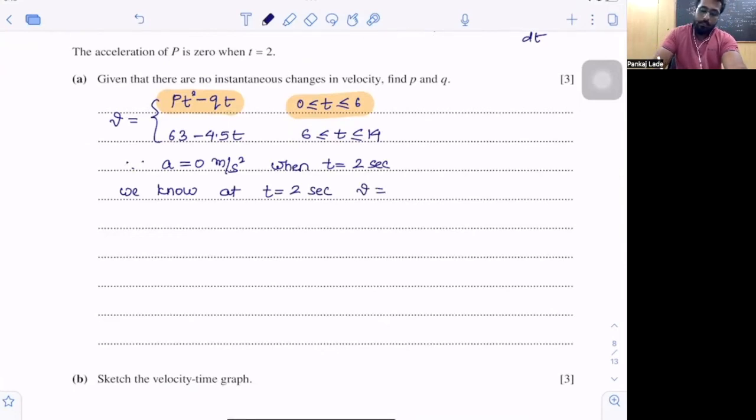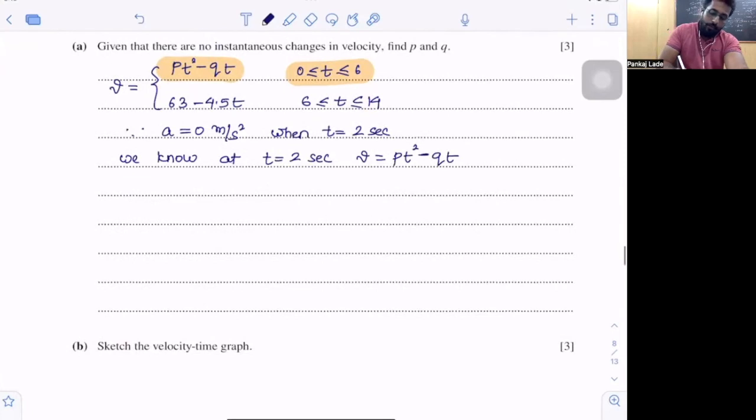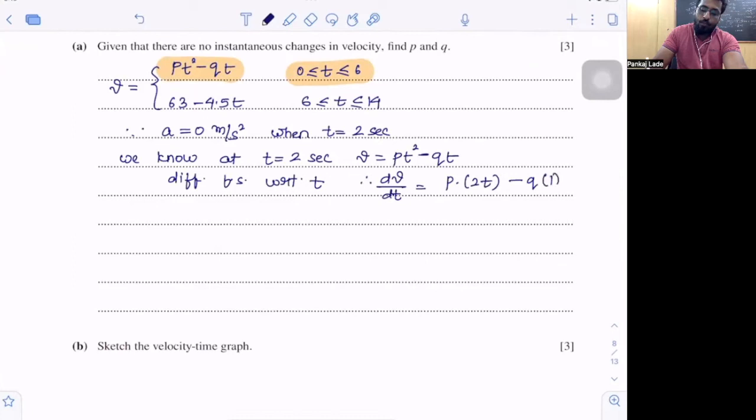Velocity is pt square minus qt. Let's differentiate both sides with respect to t. So I get dv upon dt is equal to p times 2t minus q times 1, right? So derivative of t square is 2t and derivative of t is 1.